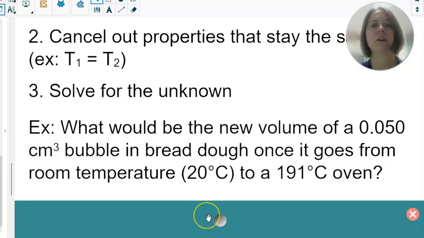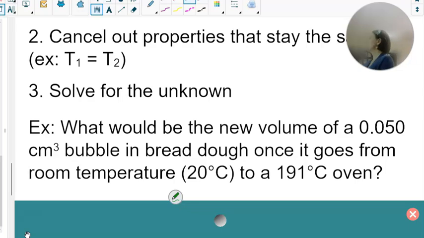Okay, let's do it. What would be the new volume of a 0.050 cubic centimeter bubble in bread dough once it goes from room temperature, 20 degrees, to a 191 degrees Celsius oven? So let's tackle that. First thing is to see what we know. The new volume is going to be V2.